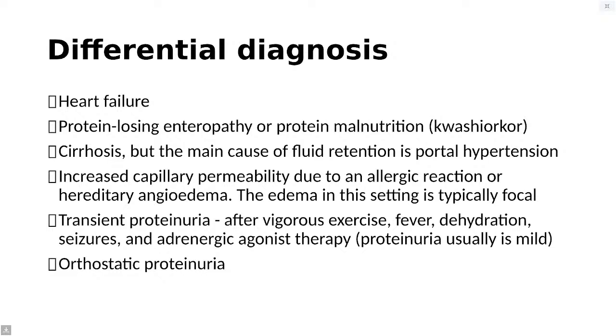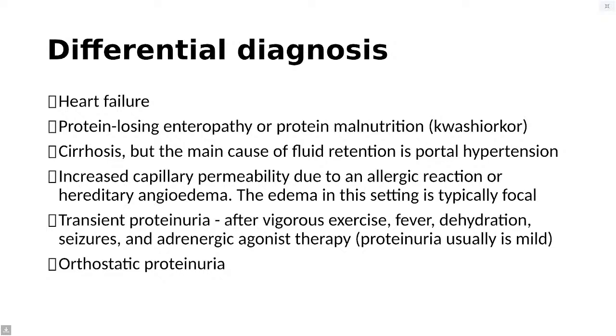The third is cirrhosis, but the main cause of fluid retention in cirrhosis is portal hypertension. The next thing is increased capillary permeability due to an allergic reaction or hereditary angioedema. The edema in this setting is typically focal, not anasarca, for example.